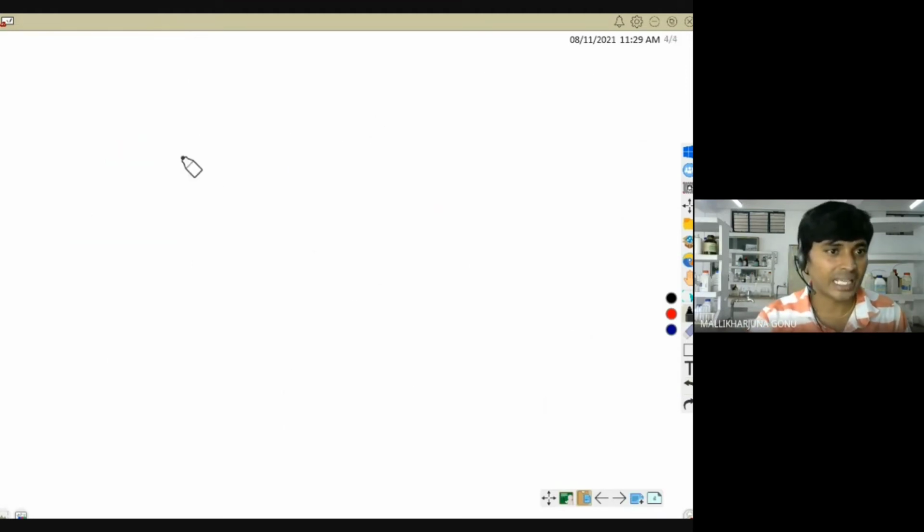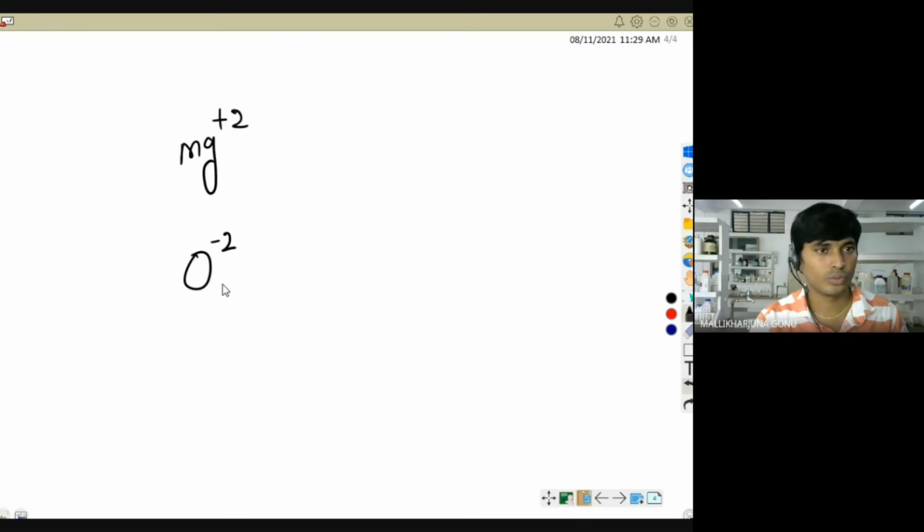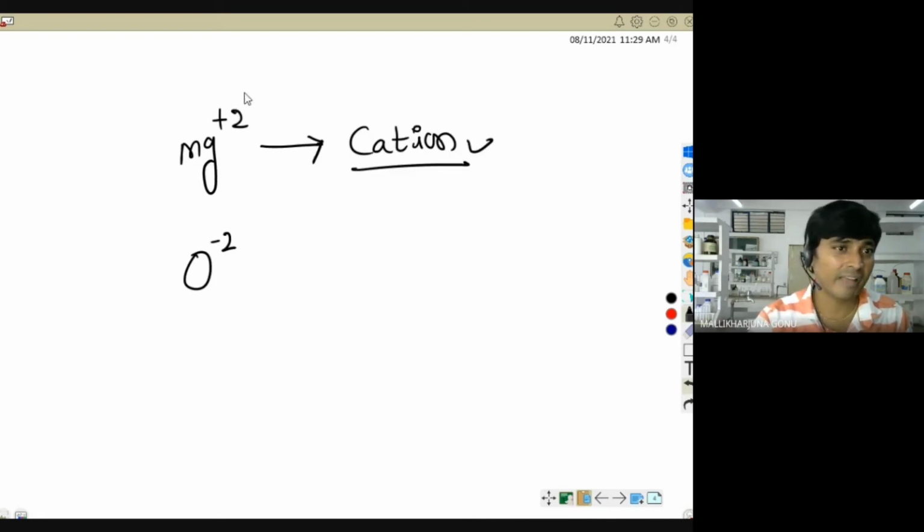So there are other names for positive ions and other names for negative ions. For example, what charge have we developed here? Mg+2. And what has oxygen developed to complete its octet? O-2. Mg+2 is an ion, basically. What ion? It is a cation. It is an ion, but since it is positive, we call it a cation.